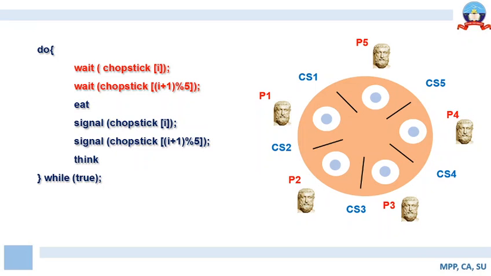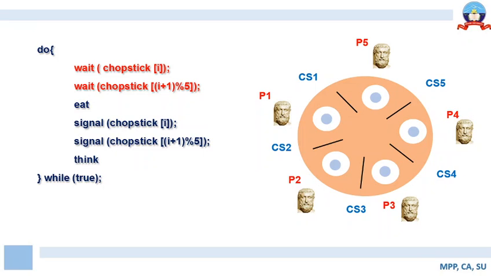So here, first, what I'll do is I'll implement a wait on chopstick I. Let us consider philosopher 1. Philosopher 1 first implements wait on CS1, that is chopstick 1. The initial value of chopstick 1 is 1, so it will be decremented by 1. Then it will implement a wait on chopstick of I plus 1 mod 5 because there are 5 chopsticks.